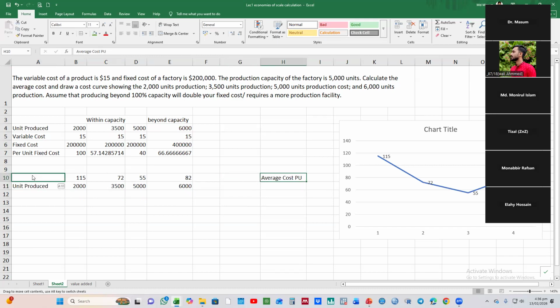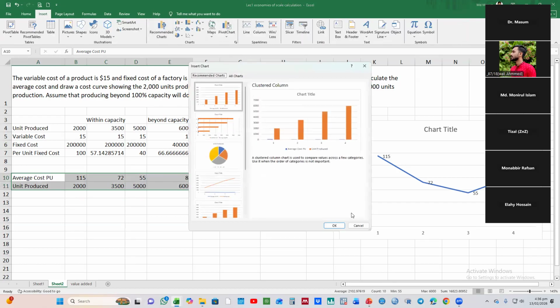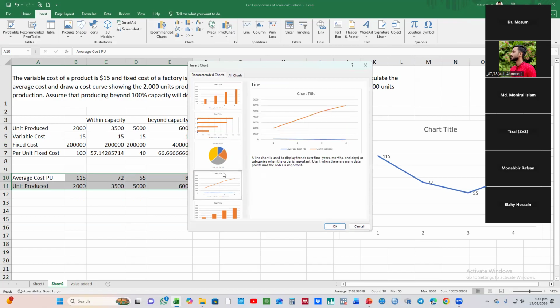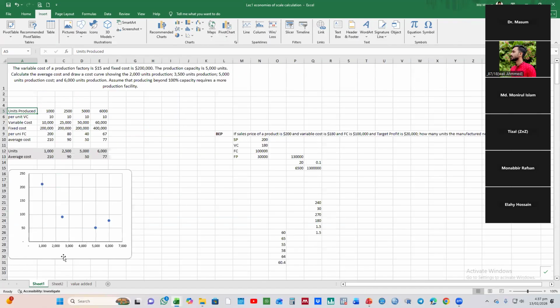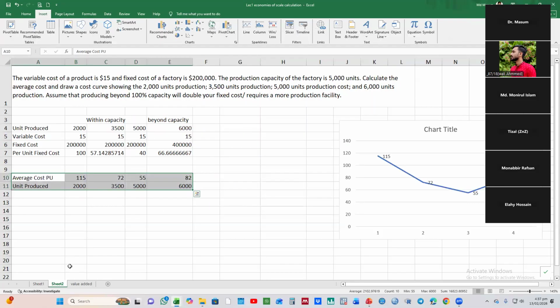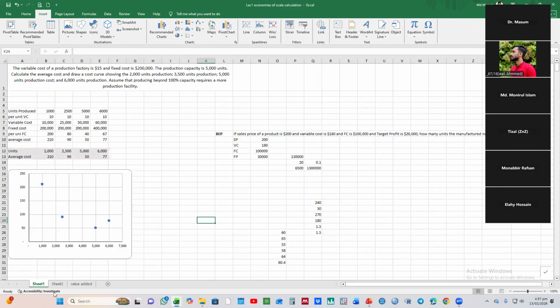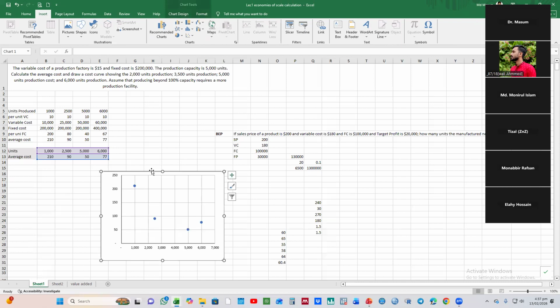Units produced and average cost. So what happens? Units and average cost. Scatter diagram.